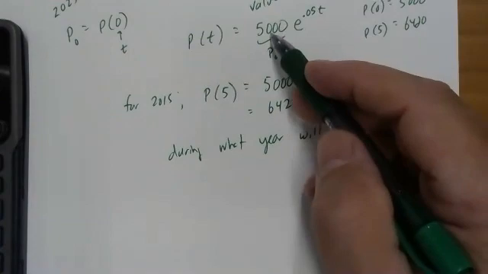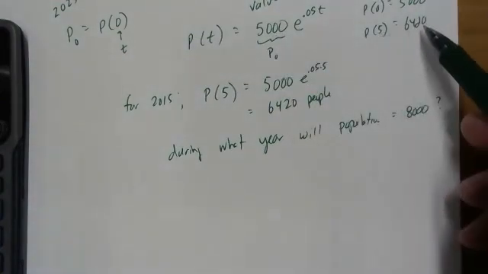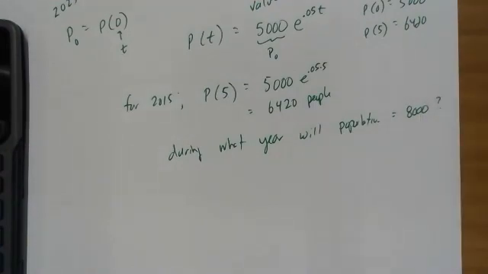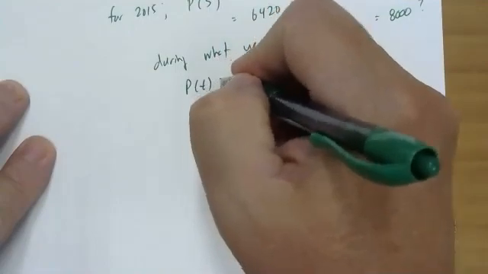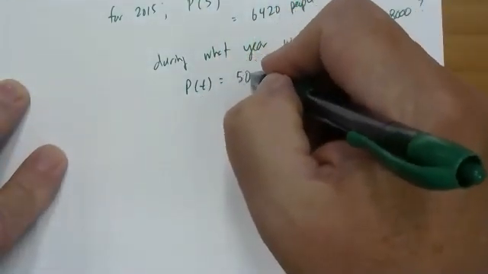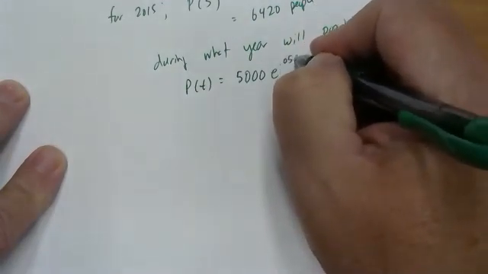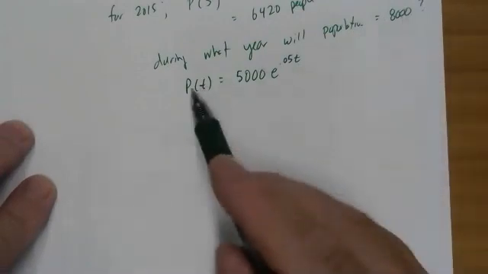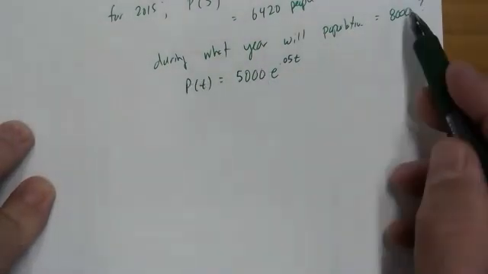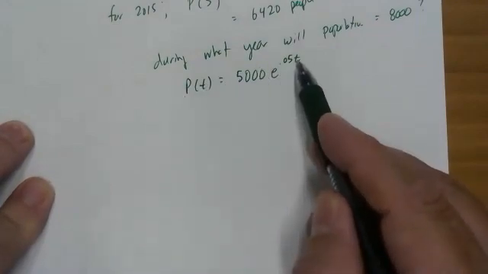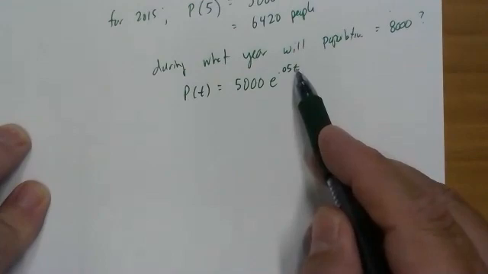So we know we start with 5,000. We've seen after 5 years, it grows to 6,420. They're saying, how long does it take for the population to reach 8,000 people? So to make it clear, let me rewrite my population equation. What they're really saying is, let's set the population to 8,000 and then take this equation and solve for T, the time, the number of years.